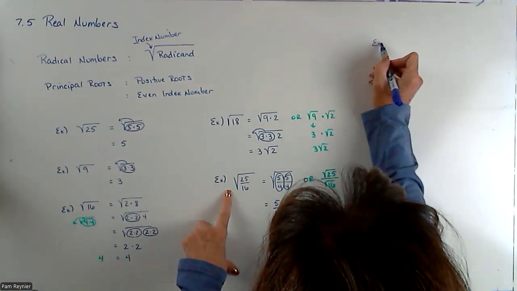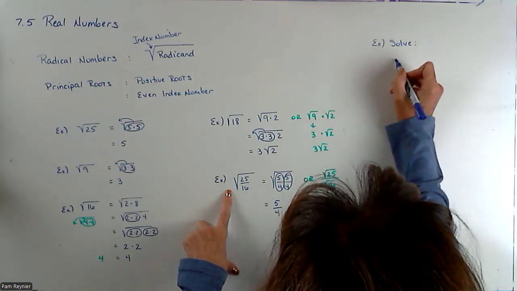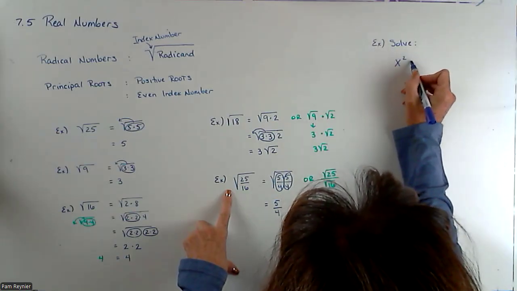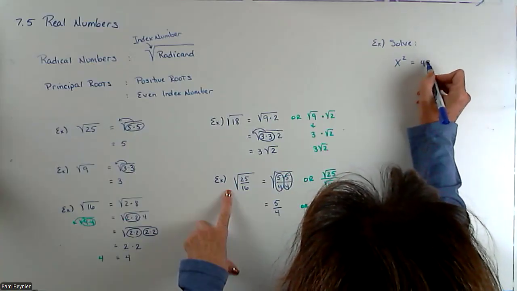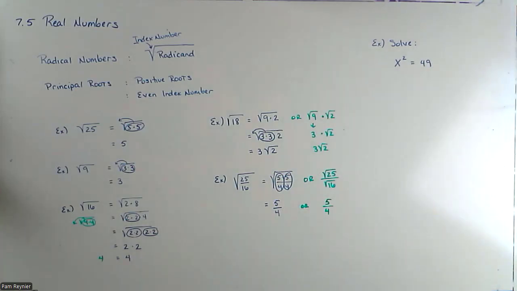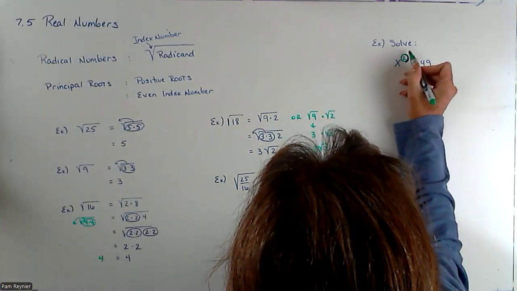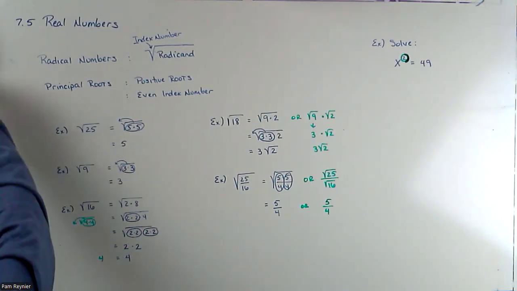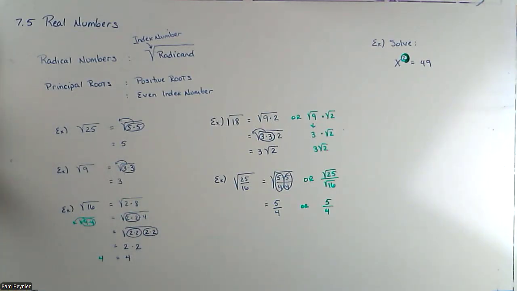Now, in pre-algebra and algebra, if I ask you to solve and I give you x squared equals, let's just go x squared equals 49. Well, that little 2 tells me I'm going to have 2 solutions. That's what's called the degree. It's going to tell me I'm guaranteed 2 answers.